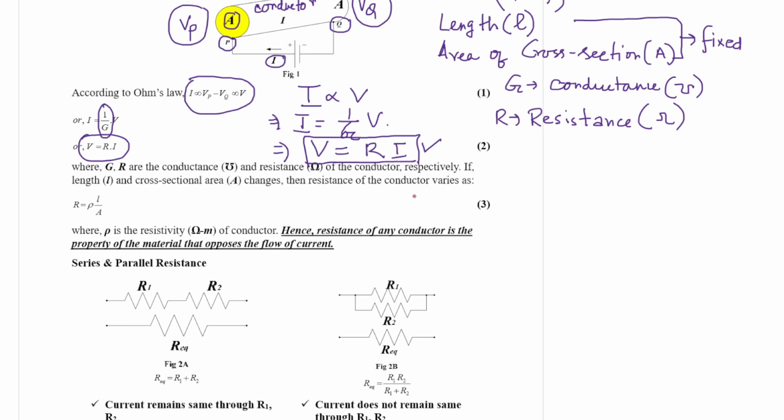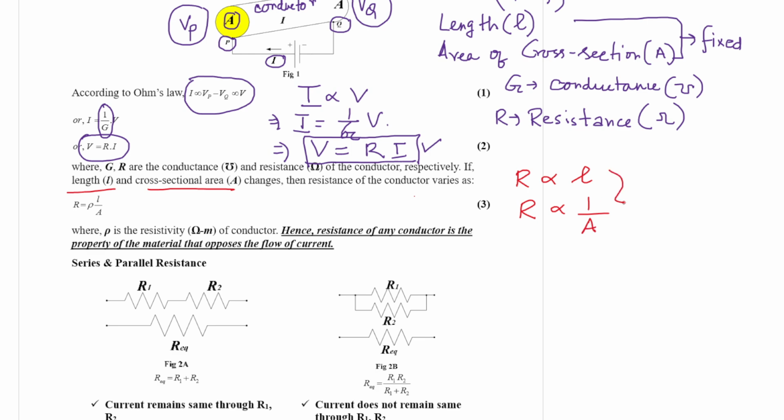Now, if the length L and area of the cross section A change, then we should have a relation of R proportional to L. That means if the length of the conductor increases, then resistance of the conductor increases, and if the cross section area of the conductor increases, resistance will decrease.